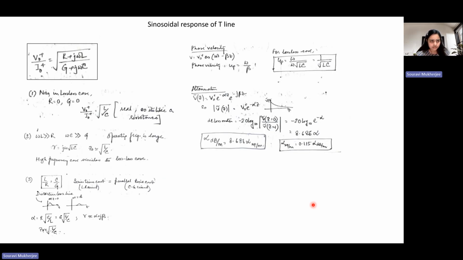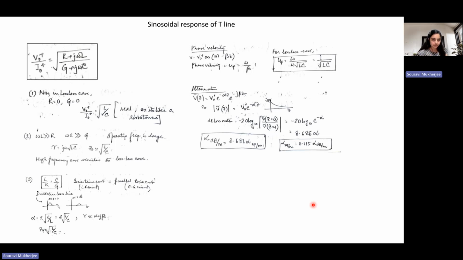Then based on different combinations or values of R, L, G, and C, you can have different situations. In some cases, there is no loss. In certain cases, the series time constant, given by L and R, is equal to the parallel time constant, which depends on C and G. And when they're equal, the lines become distortionless.